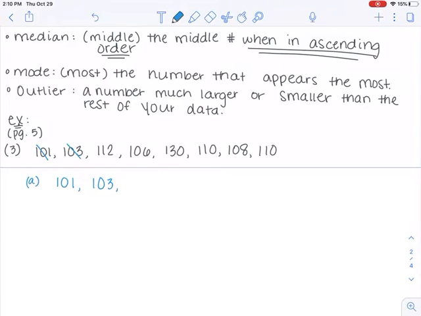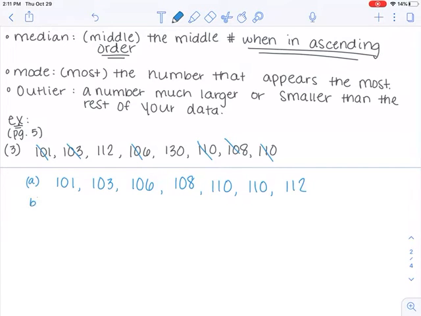The number after that is 106, 108, 110, 110 again, and then 112. Alrighty, so this is writing it in ascending order.